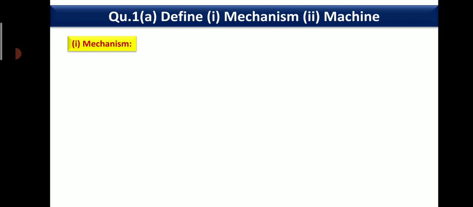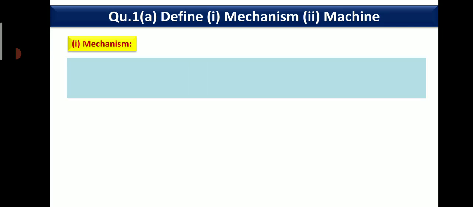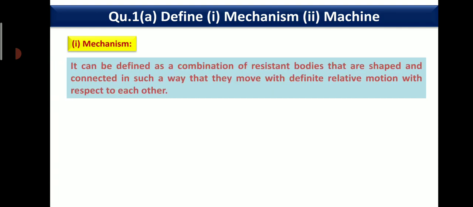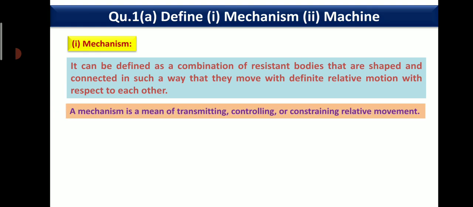So let us define mechanism. Mechanism is defined as a combination of resistant bodies that are shaped and connected in such a way that they move with definite relative motion with respect to each other. A mechanism is a means of transmitting, controlling or constraining relative movement.